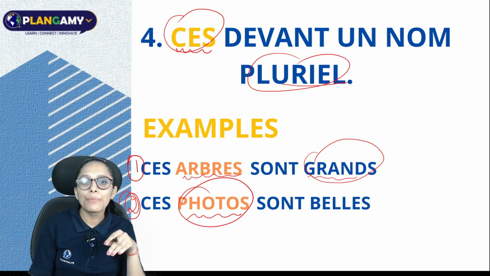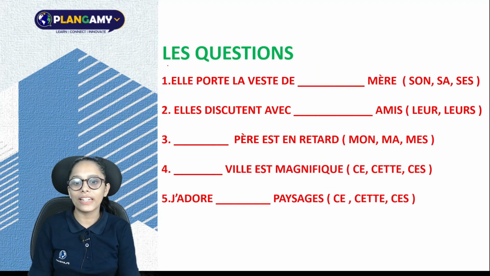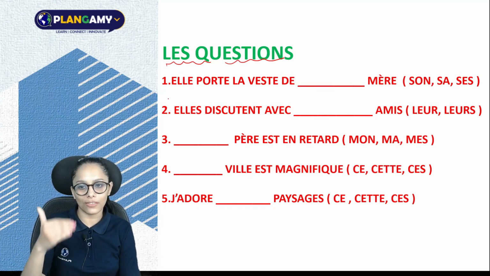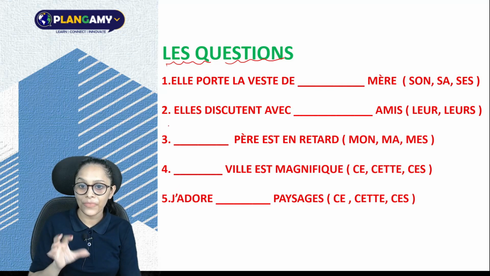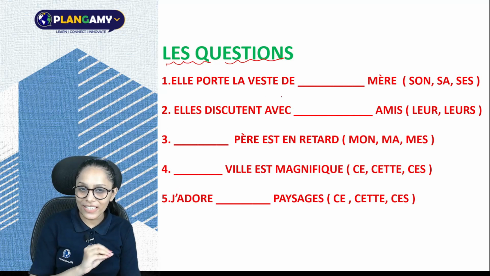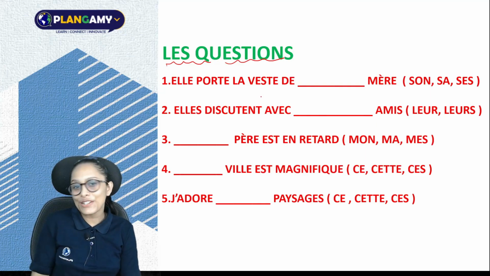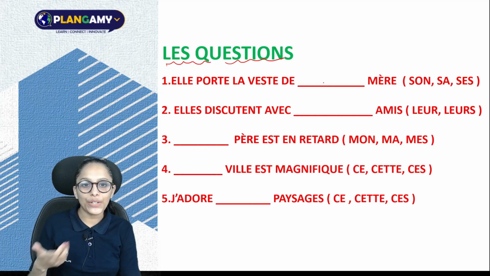Now, moving further, we have les questions. What does this mean? Les questions means there are some questions. So there are a total of 5 questions and you have to read the sentence. If you don't understand the meaning or some lexical resource, then you have to find it in the dictionary and you have to complete these blanks. You have to fill these blanks with the correct choices.